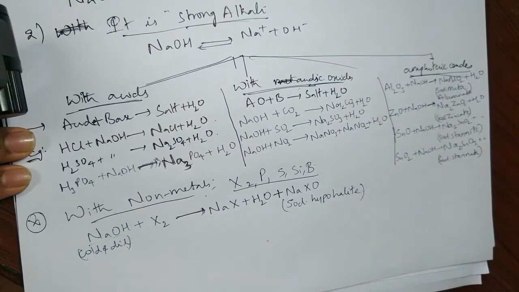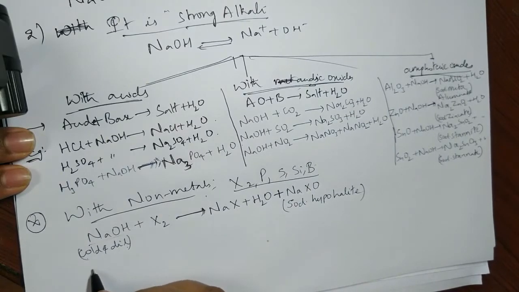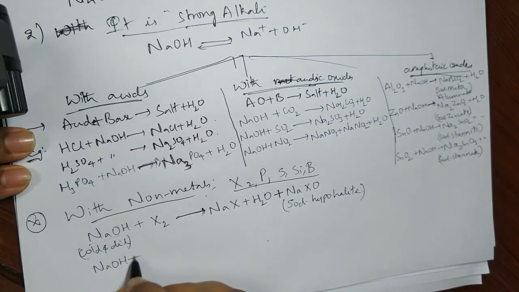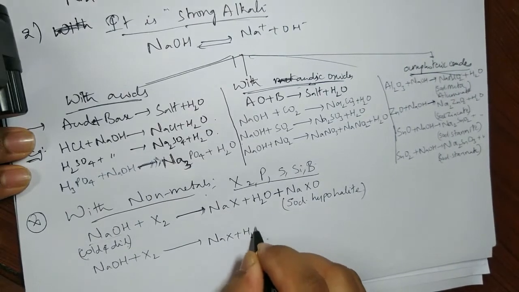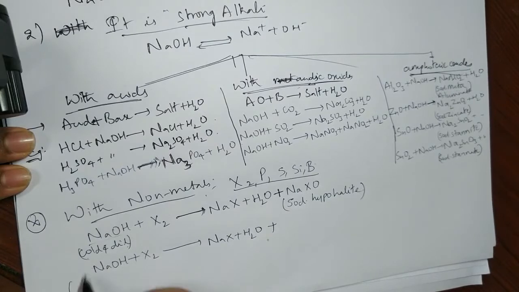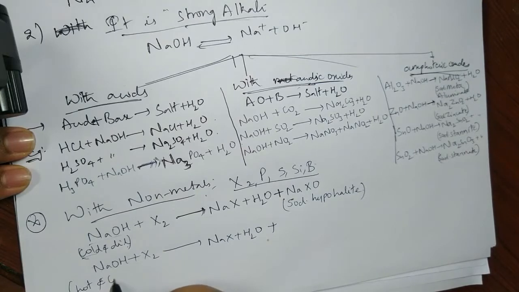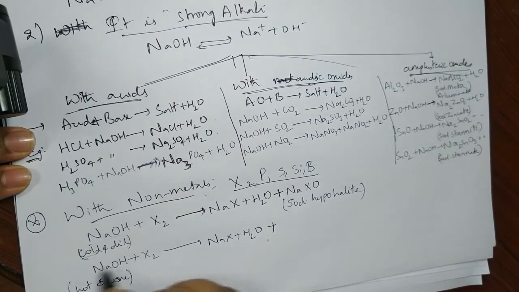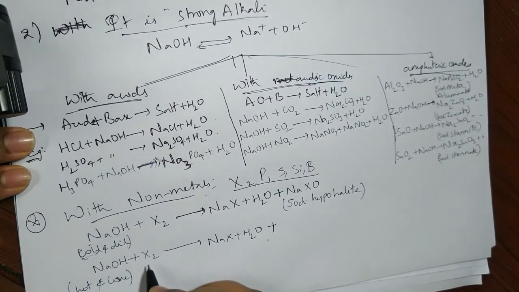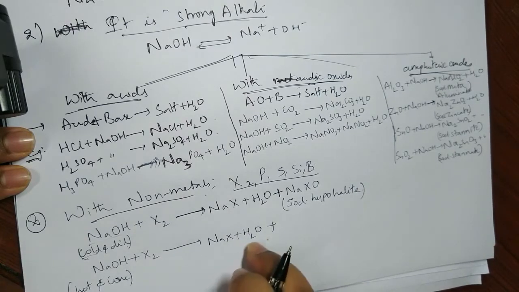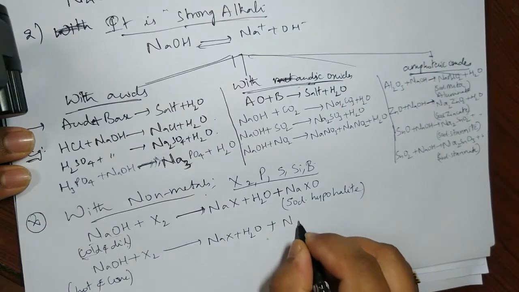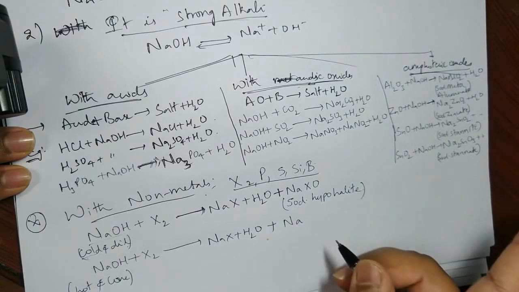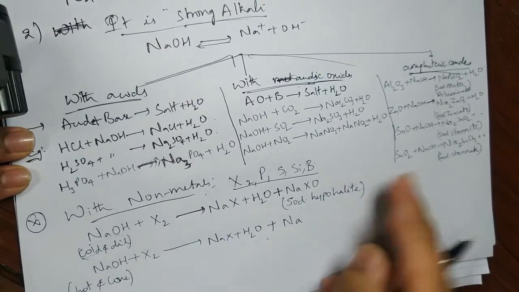And if I have NaOH plus X2 giving NaX plus water, but instead of cold and dilute, hot and concentrated, it gives me the salt and water. Apart from this, I also get sodium halate, with chlorine, chlorate.